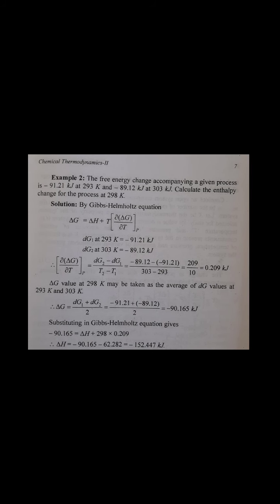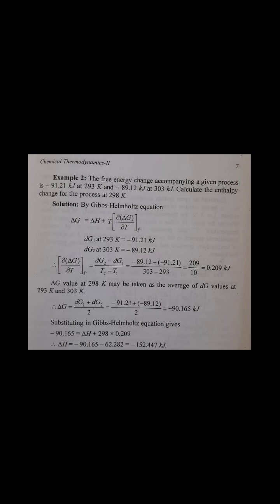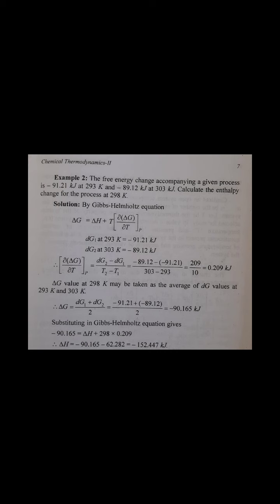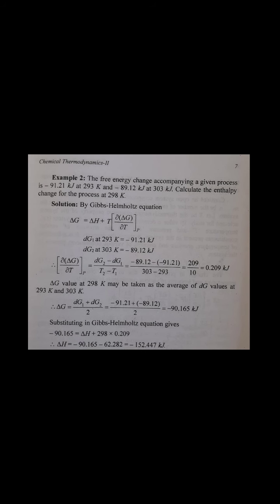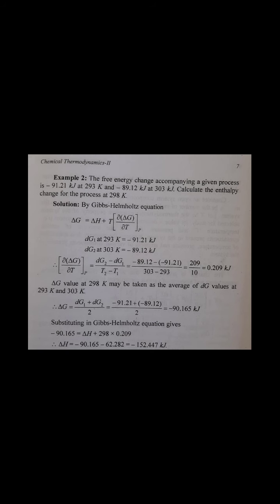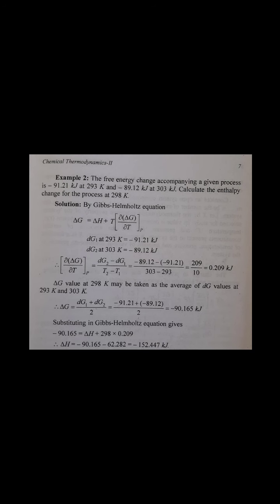The temperature coefficient d delta G upon dT at constant pressure P is equal to 0.209 kilojoule. Now, we want to calculate delta G, which is the average of both states, initial and final. You will get (dG1 plus dG2) upon 2, which is (minus 91.21 plus minus 89.12) upon 2, which is minus 90.165 kilojoule.